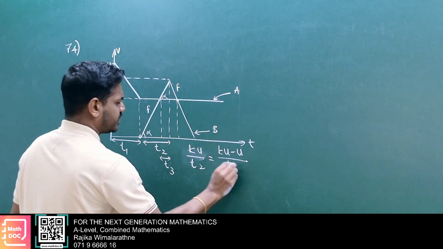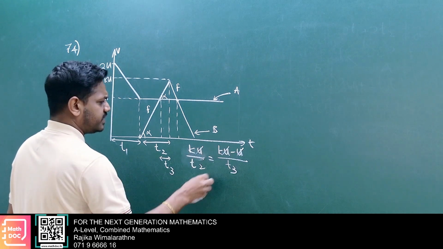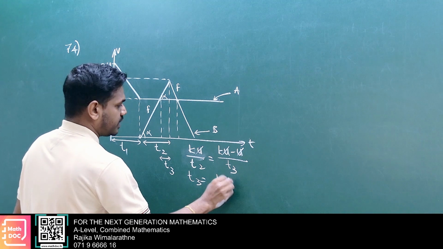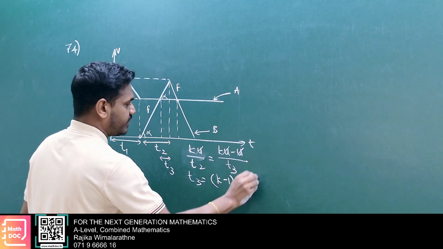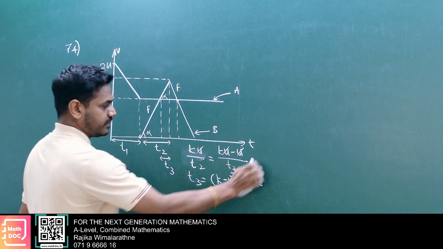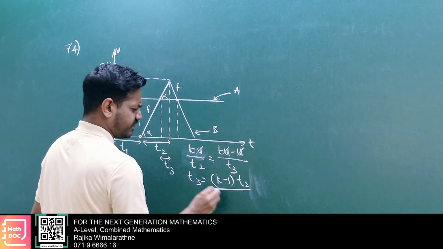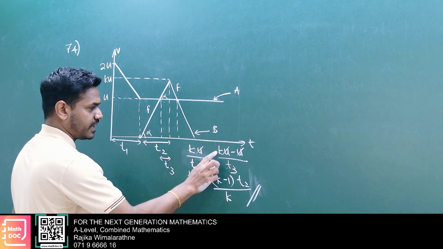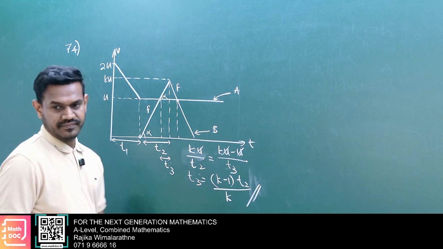Then by this you find T3. T3 equals k minus 1 T2 divided by k.